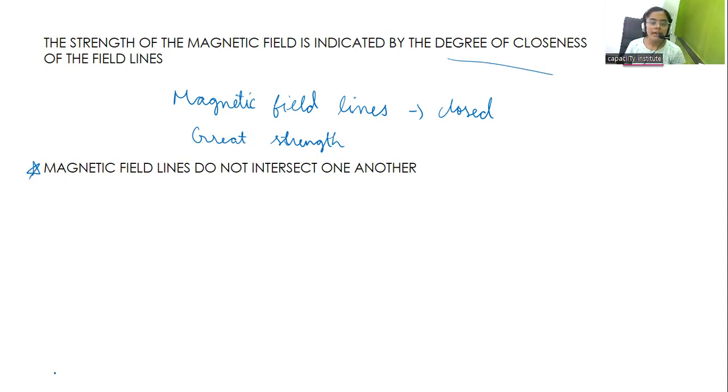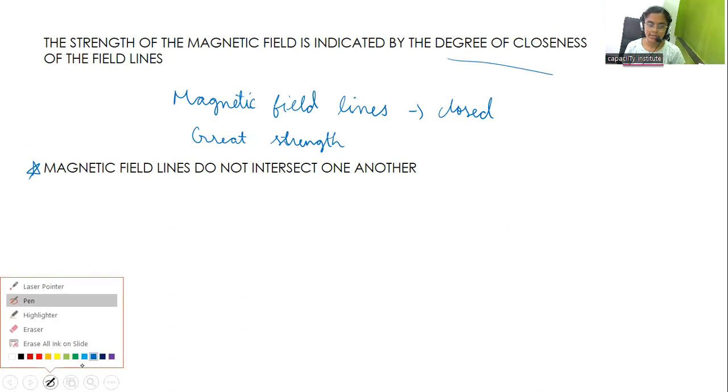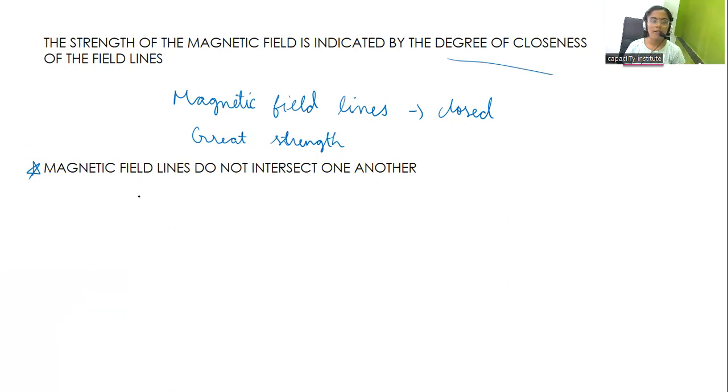Okay, now the second thing, let's put a star mark on this. The magnetic field lines do not intersect each other. Before going into this, imagine that these magnetic field lines are intersecting each other. One is A and the other is B. Magnetic field line A and magnetic field line B are intersecting each other at a point.